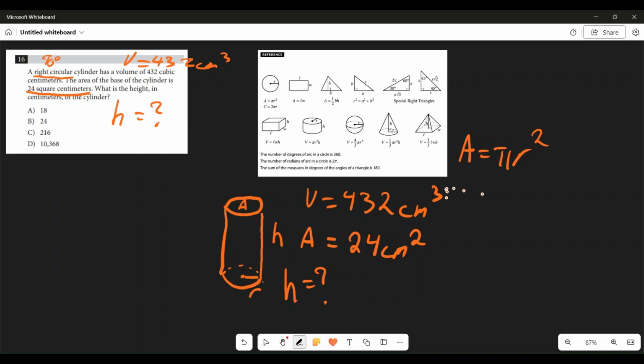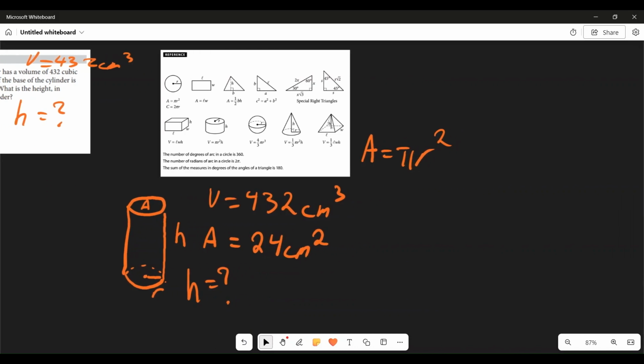So what we can do is, before we start solving, we can make our formulas a lot easier to work with, because then all you have to do is plug in the numbers that you know and solve for the numbers that you don't know using algebra. And in my time as a student, it's always easier to solve formulas using the variables themselves.